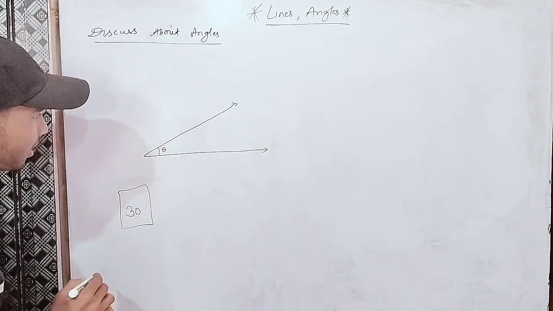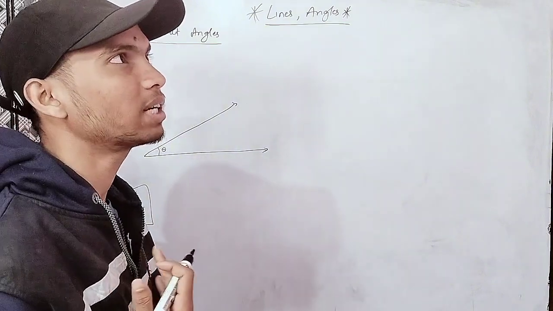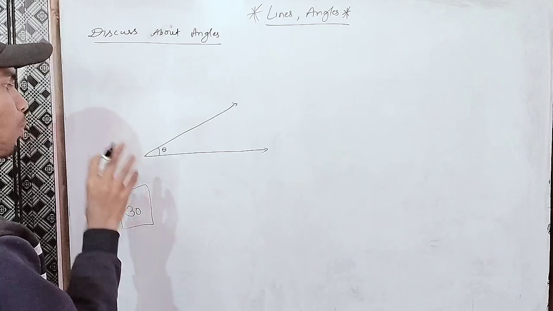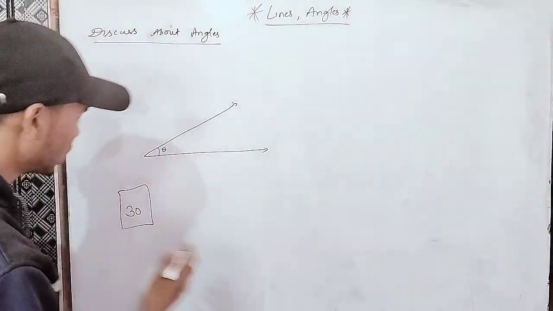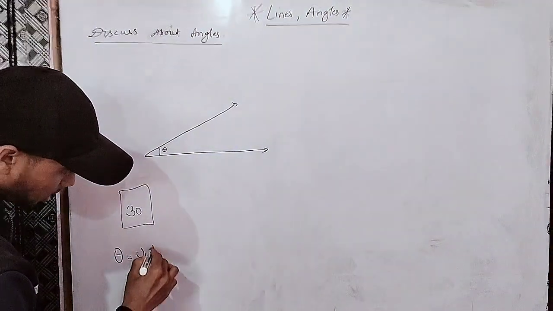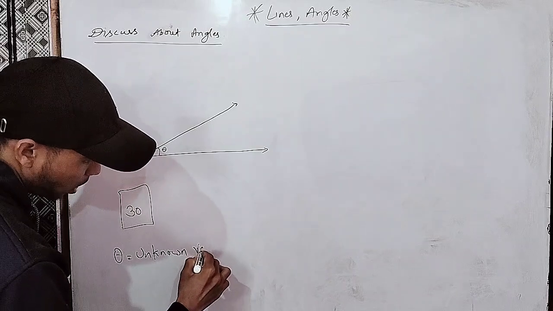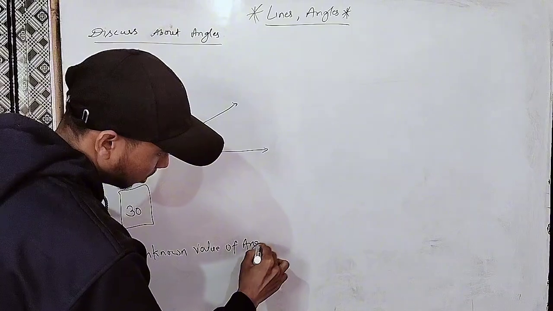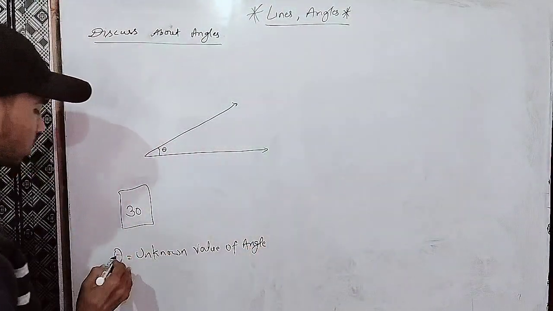Theta, which we will discuss with angles, but here we are using theta. We are saying that we don't know the value of the angle. That's why we are using theta. Whenever we don't know the unknown value of an angle, then we use theta.